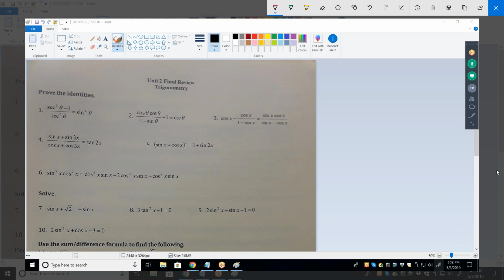There's only 11 basic identities that these first 6 problems all deal with. And that is those 6 reciprocal, 2 quotient, and 3 Pythagorean. Between those 11 identities, you can prove all of these.